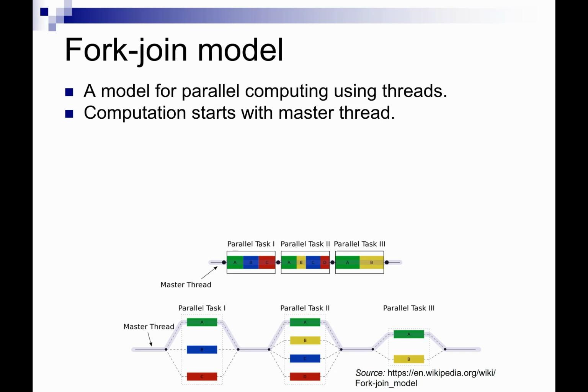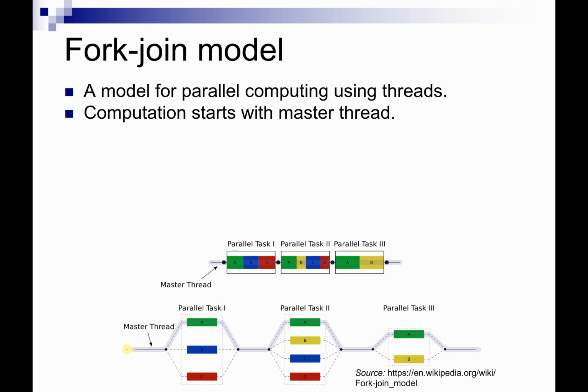Now we'll talk about the thread model for OpenMP. There are other thread models, but OpenMP is based on the fork-join model. The fork-join model is where we start with one single thread, called the master thread, and it does a bunch of work until eventually it gets to some point where it realizes there's a lot of work that can be done in parallel.